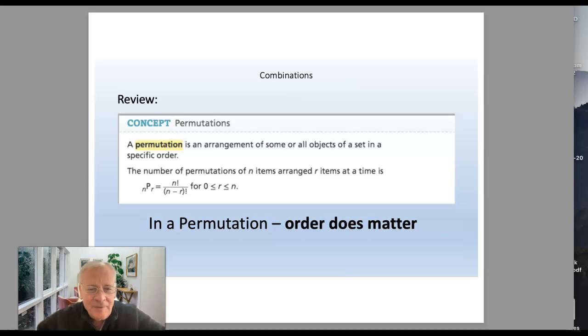Just to review, a permutation, that was what we talked about yesterday. Order does matter. A permutation is an arrangement, like a listing of some or all objects in a set in a specific order. And here's the formula right here. We talked about it yesterday.